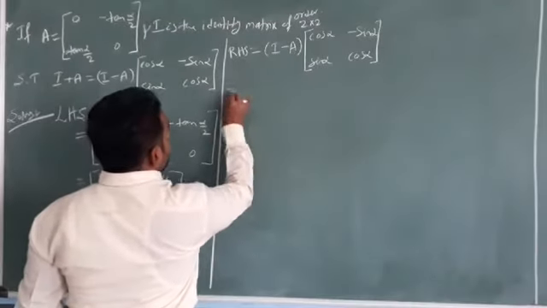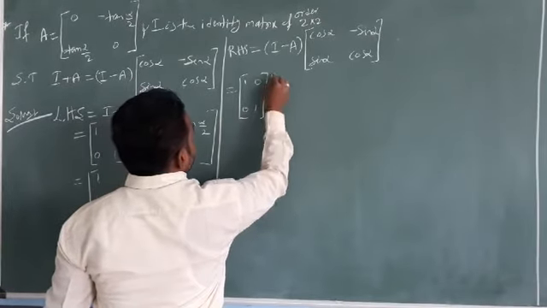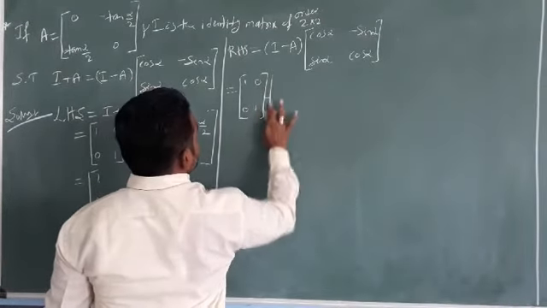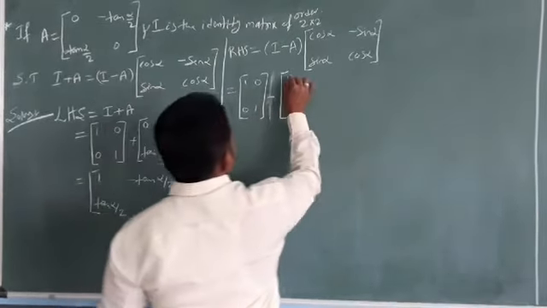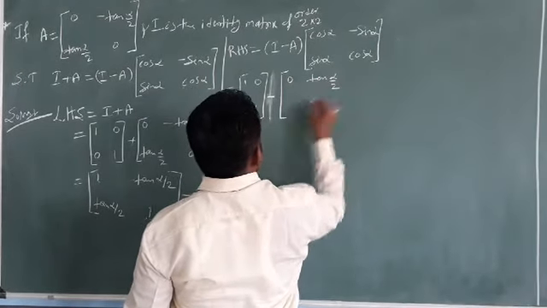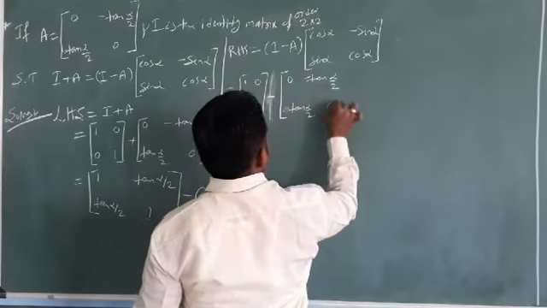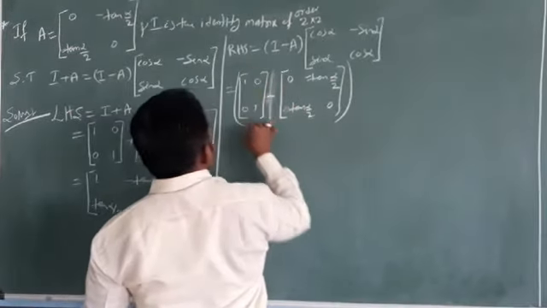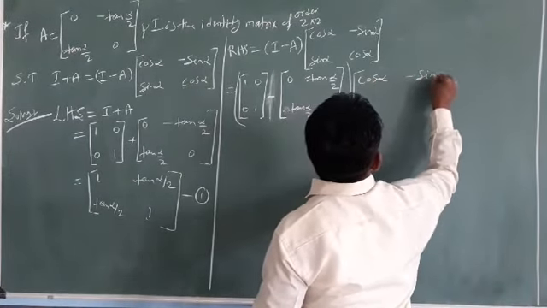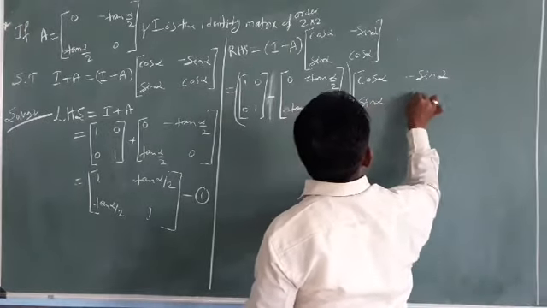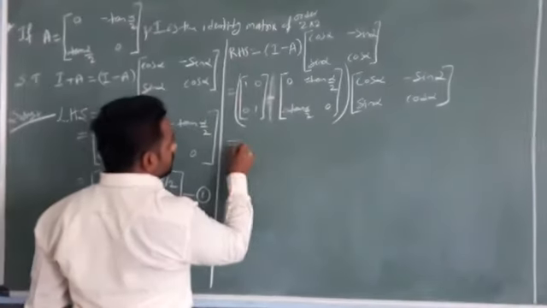So I is the identity matrix, that is 1 0 0 1, and making the difference of A, that is 0, minus tan alpha by 2, tan alpha by 2, 0, into the matrix cos alpha, minus sin alpha, sin alpha, cos alpha.